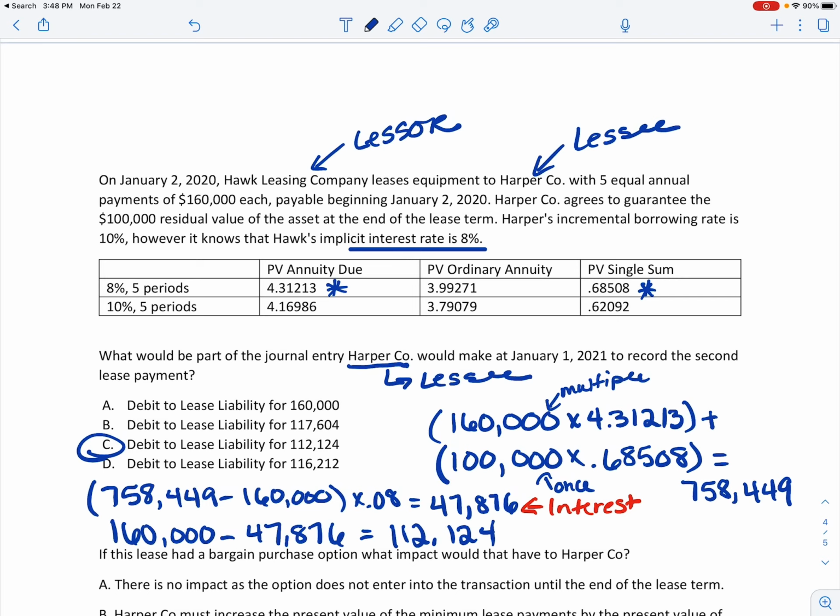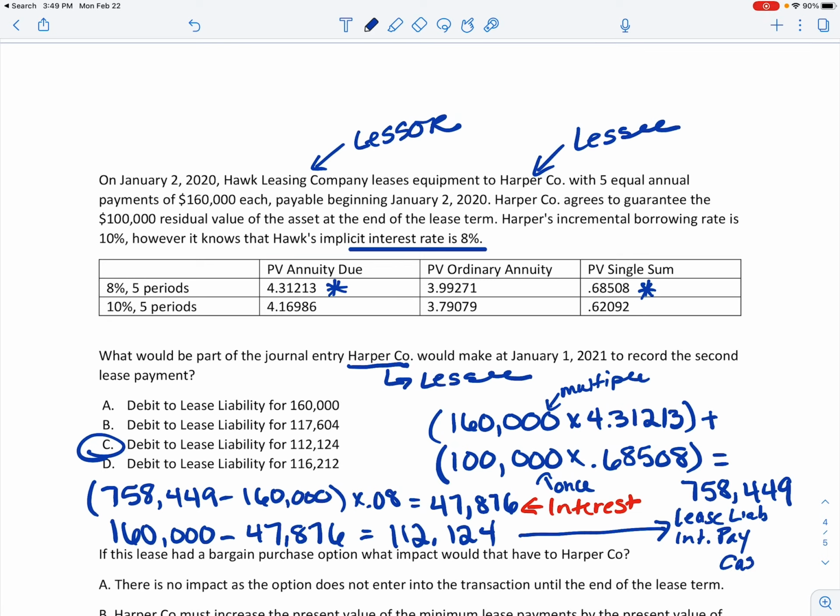And all of these are kind of the same anyway. But in case you needed to know what that journal entry actually looked like, what we're going to do is debit that lease liability. We're going to debit that interest payable. This is due like the next day, on January 1st or 2nd.